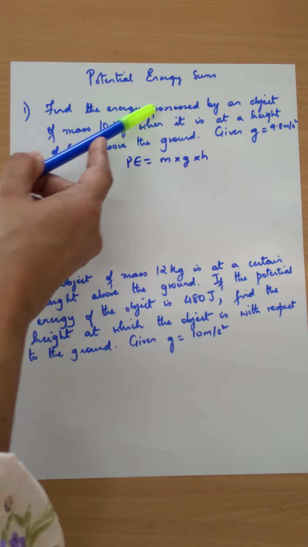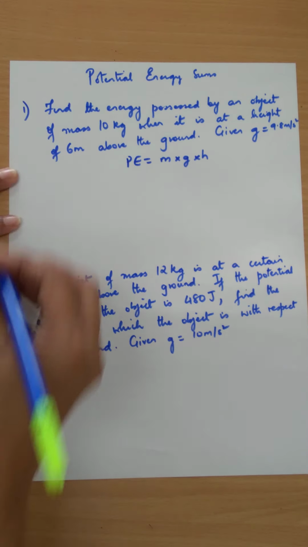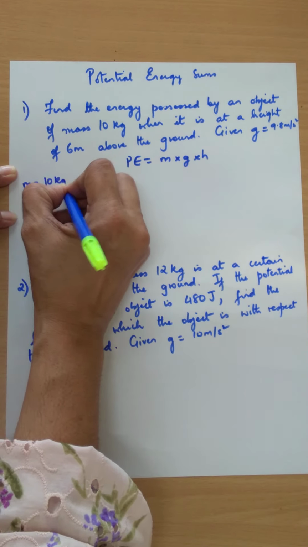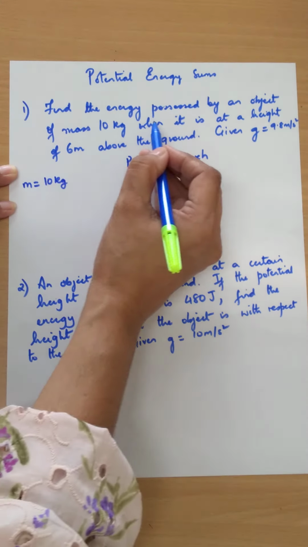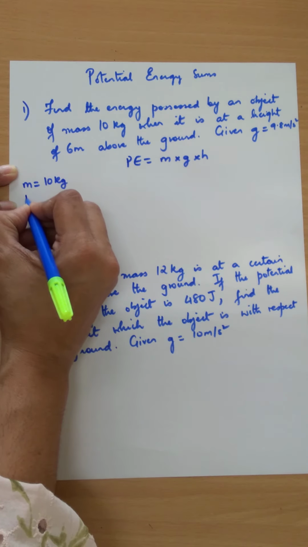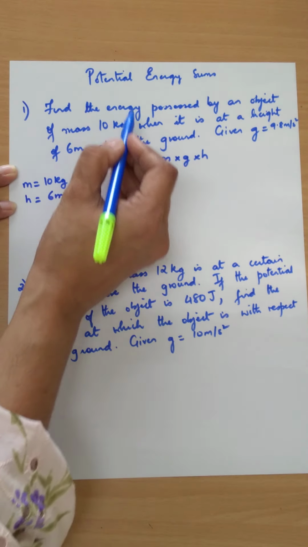Find the energy possessed by an object of mass 10 kg. So mass of the object, small m, is 10 kg, when it is at a height of 6 meters. Height, distance h, is 6 meters, you have to find the energy possessed.